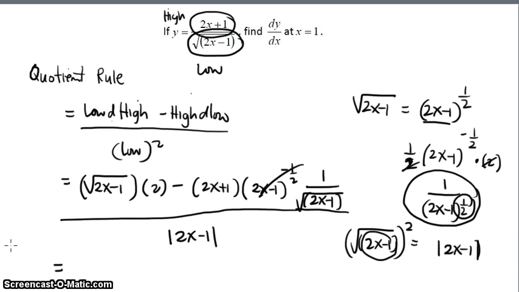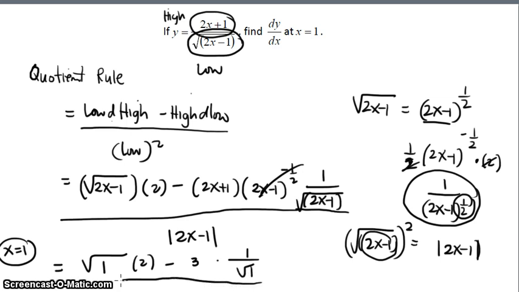So after that, when x is equal to 1, this is the square root of 2 times 1 minus 1, so that is 1, times 2, minus 2 times 1, plus 1, that is 3, and then you have 1 over the square root of 2 times 1 minus 1, which is the square root of 1, everything over the absolute value of 2x minus 1.